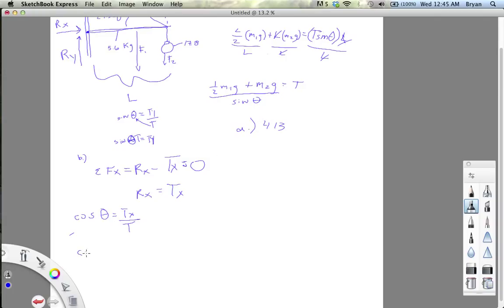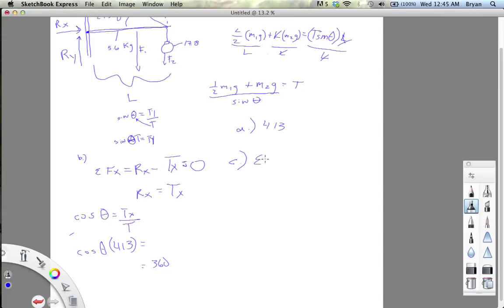And all it is is cosine theta times this T. Mine was 413. And my theta was, what was it, 29.3. So I'm just going to plug it in, and I got about 360. So that's it. B is solved. Easy. C. Next.